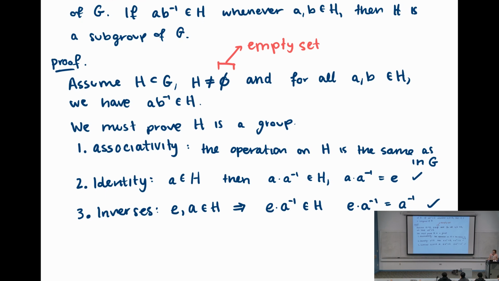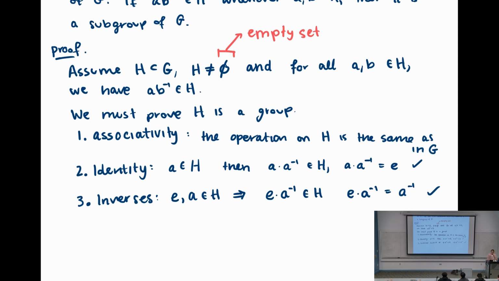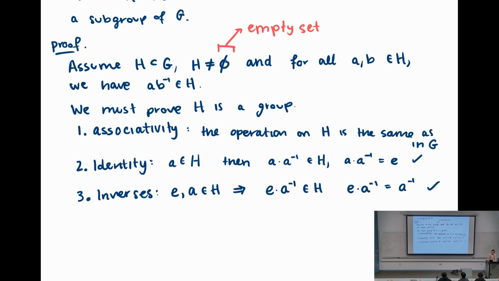Now the last thing we need to show is that H is closed under the operation. When I say that H is closed under the operation, what I mean is that for all A and B in H, also A times B is in H, right? If we have a group, we want to be able to multiply any pair of elements and get something else in the group back.